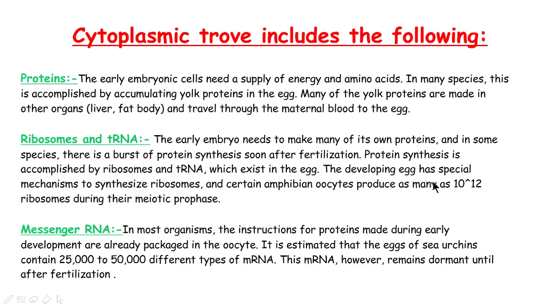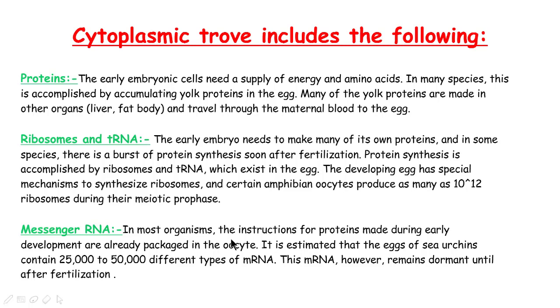The developing egg has a special mechanism to synthesize ribosomes, and certain amphibian oocytes produce as many as 10 raised to the power 12 ribosomes during their meiotic growth phase. What is messenger RNA?